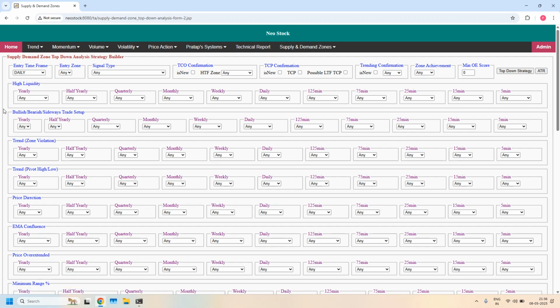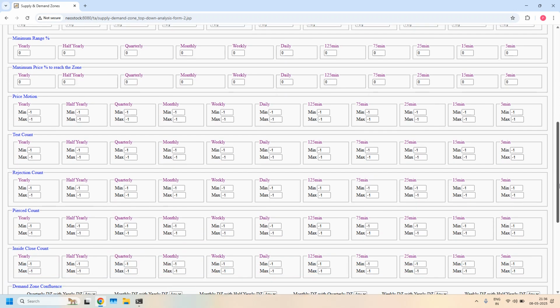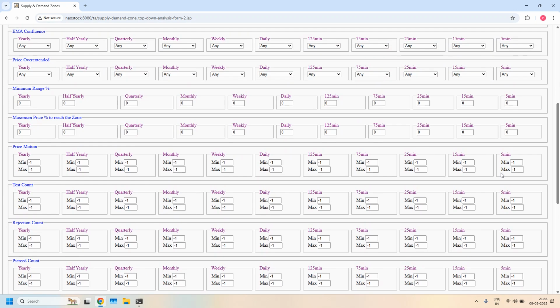Next, sideways long trade setup. Entry time frame is 75 minutes. Entry zone, demand zone. Here at 75 minutes, I am selecting sideways long. Zone achievement VOZ. Minimum order enhancer score 11 for sideways trade setup. And also the 75 minutes zone should not be pierced. So in the pierced count at 75 minutes time frame, minimum value 0, maximum value 0.